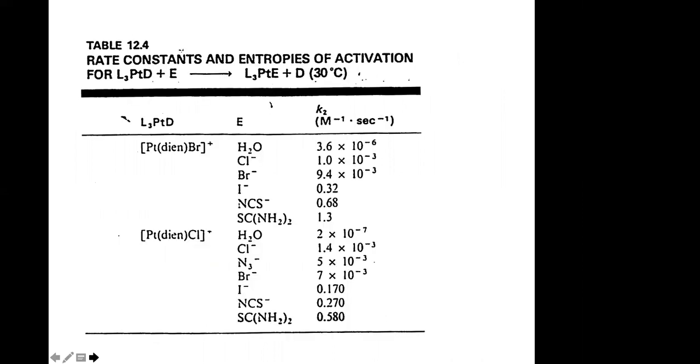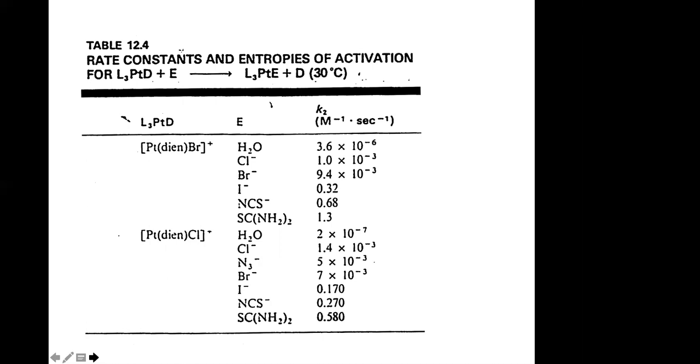Okay, so here's an example. This is rate constants for a reaction of a platinum 2 complex that's square planar. There are two species. One has dien, and dien is diethylenetriamine, a neutral tris-chelating triamino ligand.